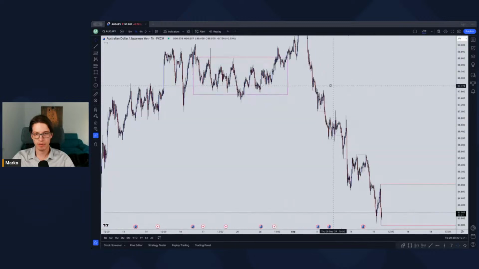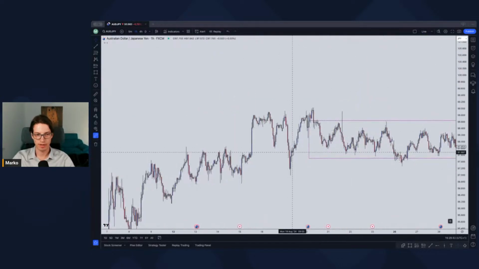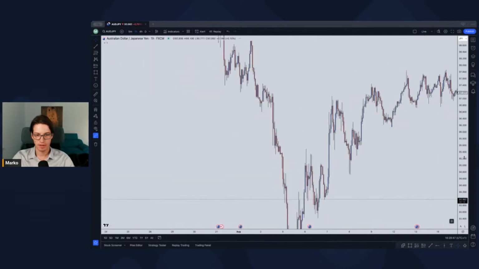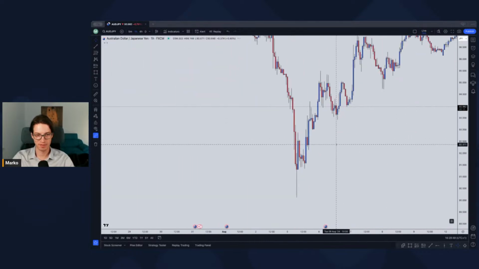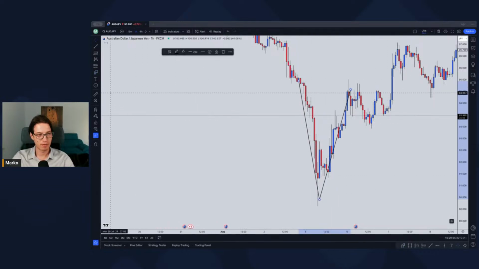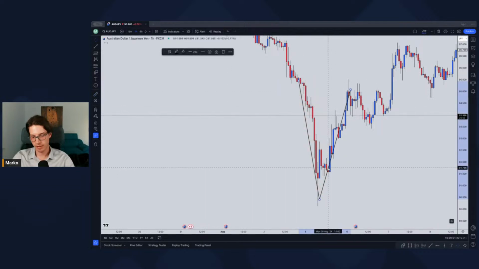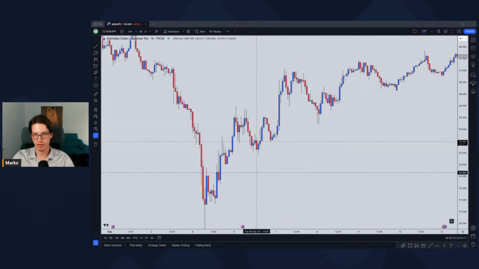This is range bound, this is trending, and this would be volatile, I guess. It's not really the best example. Actually, I think this is a very good example. This is volatile. See? Massive move down and then move up, like 500 pips. Yeah, this is the volatile market condition, 100%.